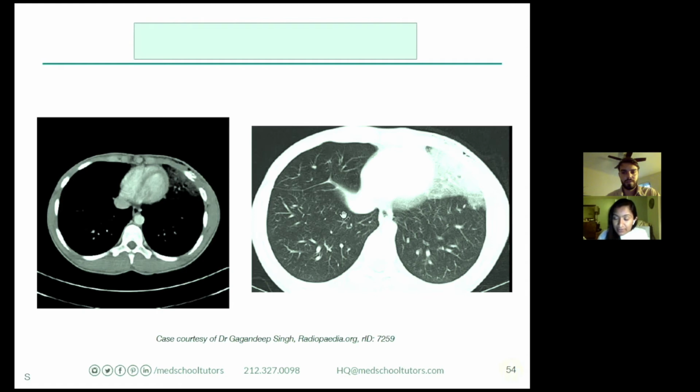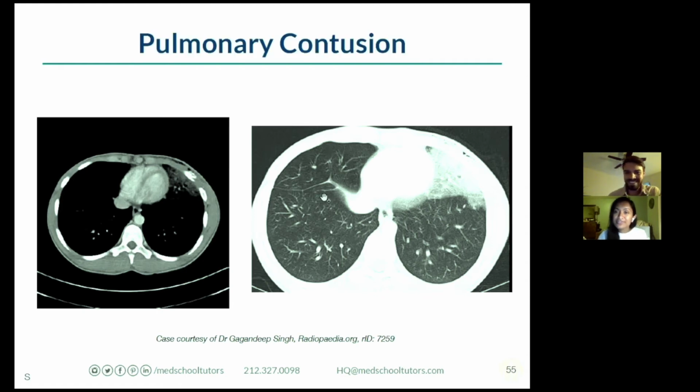So here, okay, you guys, I'm just going to breeze right through it. This is pulmonary contusion. As we see here, we have this irregular, almost soft tissue-looking density in the lung. And on the lung window, you can see it's very focal, it's anterior. If you looked at this patient's history, I'm sure they would have a history of wearing a seatbelt, which is the classic thing you think about.